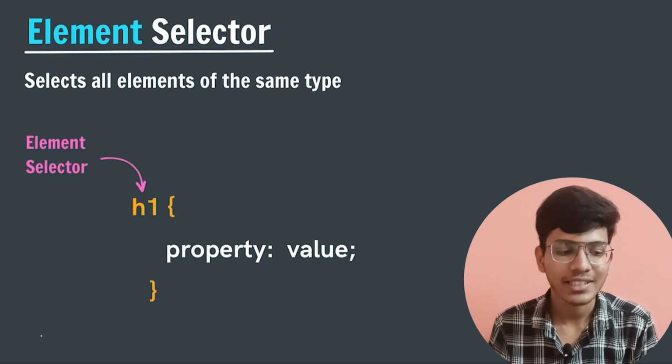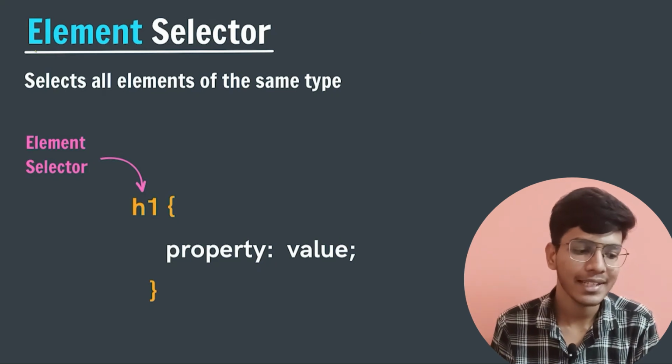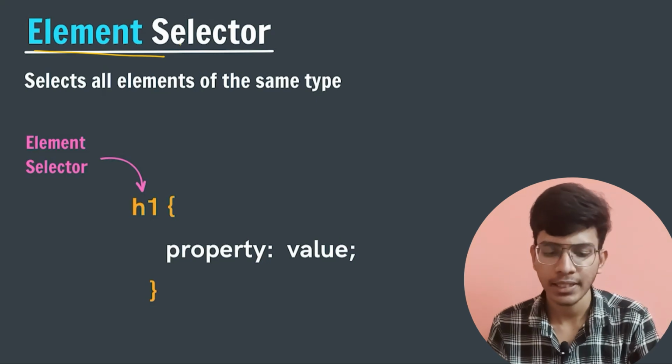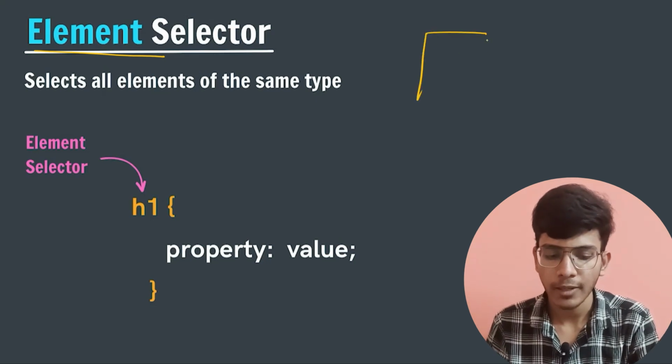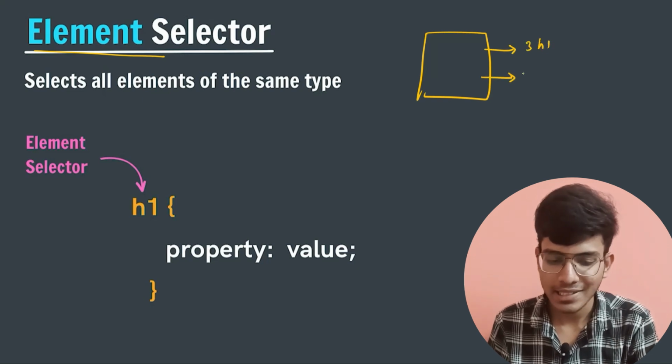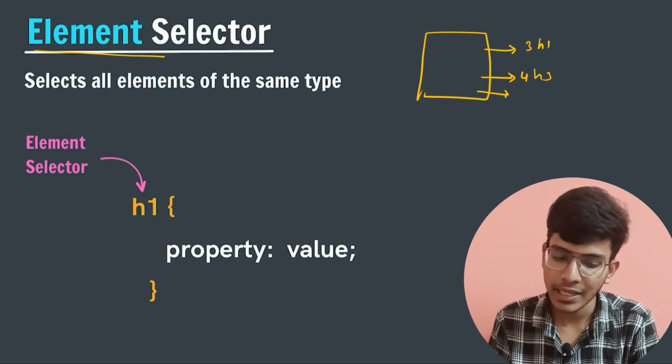Similarly, we have another type of selector called element selector. Let's say that in a HTML document, I am having 3 h1 tags, 4 h3 tags, and 5 paragraph tags.